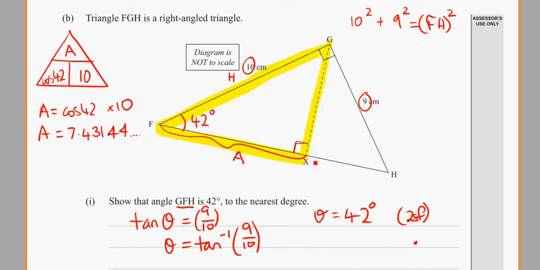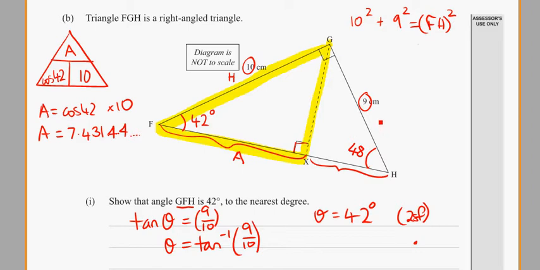Right, so over to finding this side now. We're going to need another angle. So angles in a triangle, I've got 90, I've got 42, so we could find this one down here. And of course that's 48.